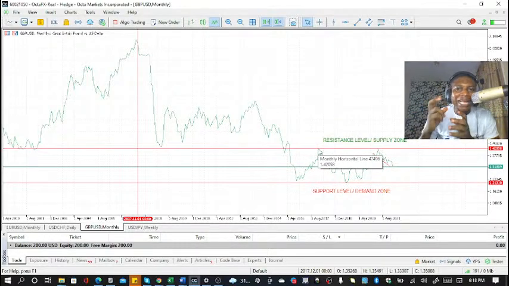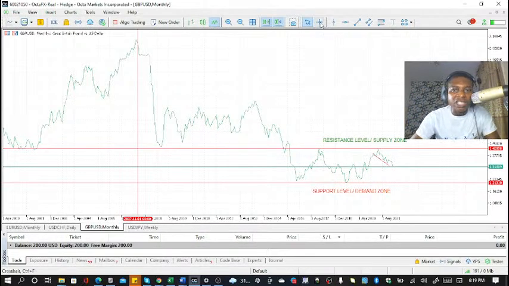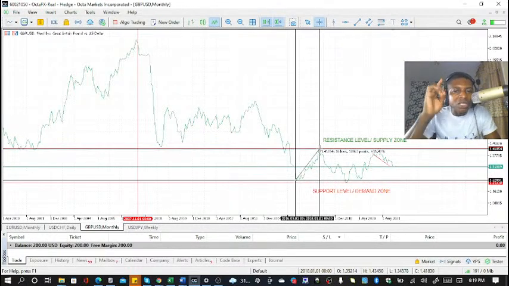Buyers who have bought pounds from this level to this level are now willing to sell off. That's why it is a supply zone. They are now offloading their holdings.